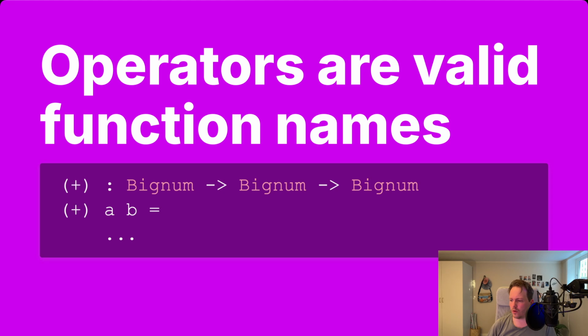And so what we could do is, if you want to perform the plus operation on big nums, you would first have to unexpose the plus imported from the basics default import.